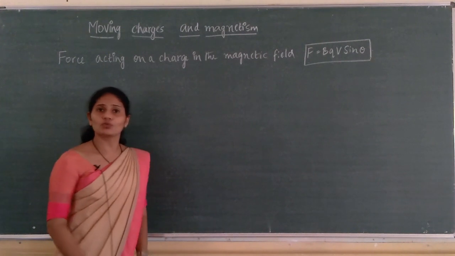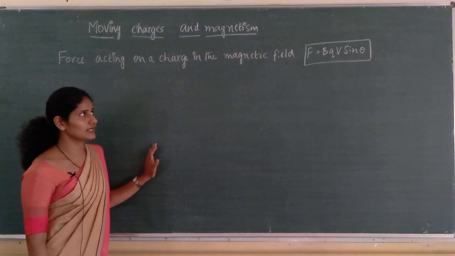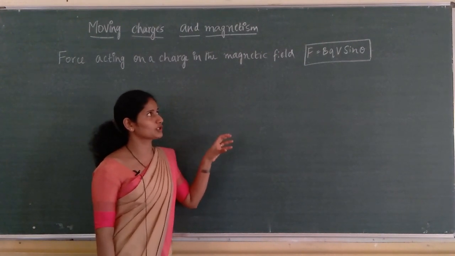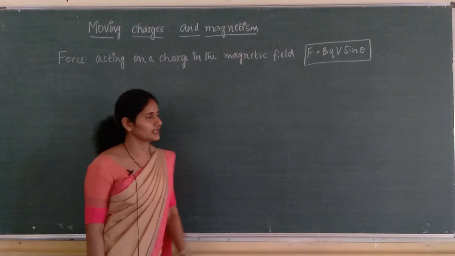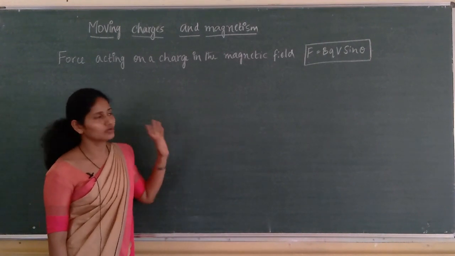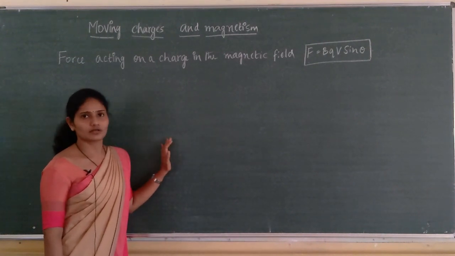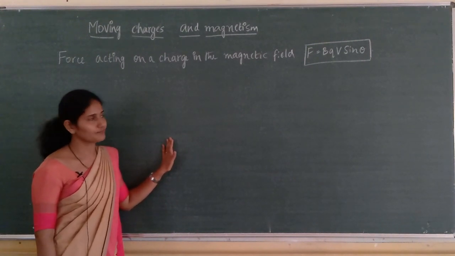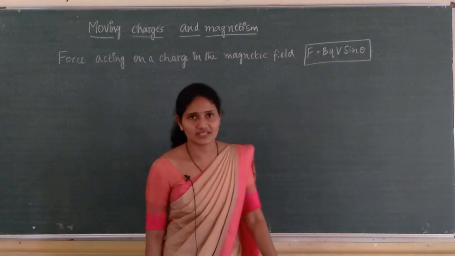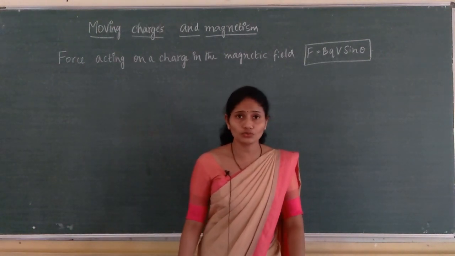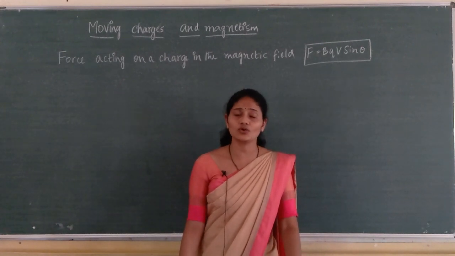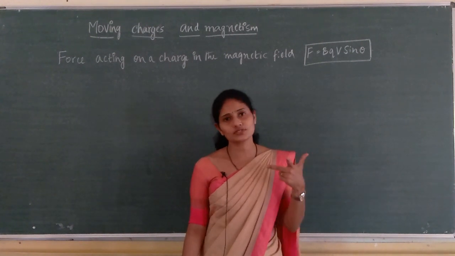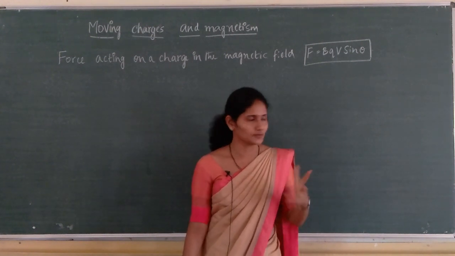So when a charge moves in the magnetic field, the magnetic force acting on the particle is F is equal to BQV sin theta, and I hope that you all know about this magnetic force. In order to represent force, or if you want to find out the direction of force, because force is a vector quantity, you have to use Fleming's left hand rule.